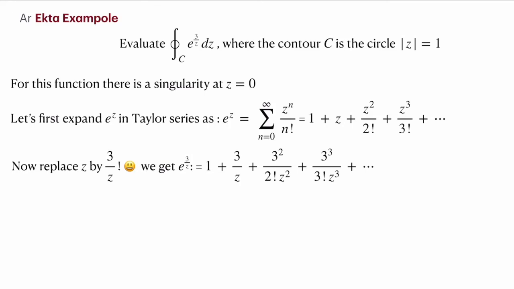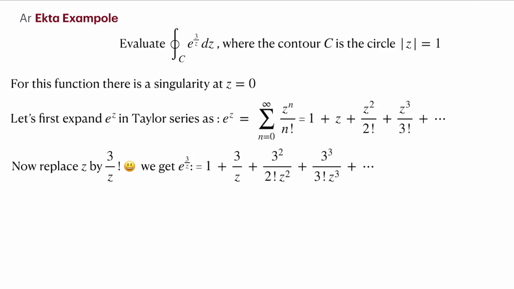And the expansion for e power 3 by z is given as 1 plus 3 by z plus 3 square by 2 factorial into z square plus 3 to the power 3 divided by 3 factorial z cube and so on. By looking at this, we clearly see that the series does not terminate, so we have an essential singularity at z equal to 0.